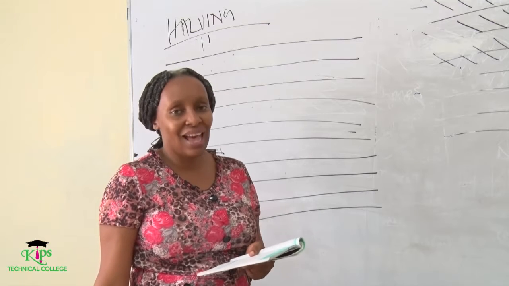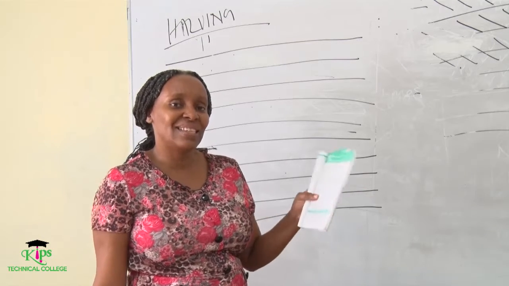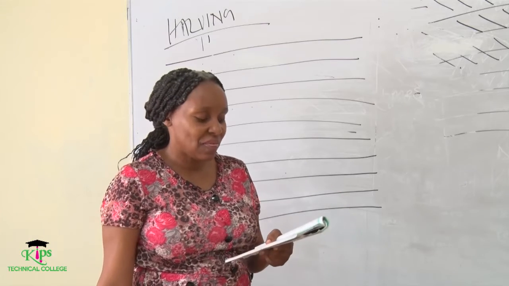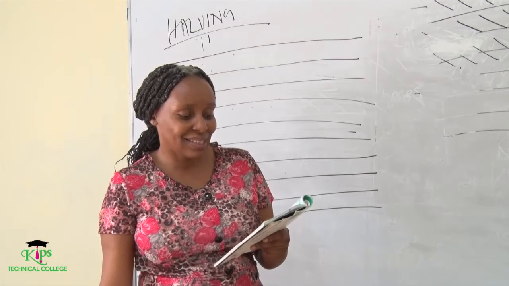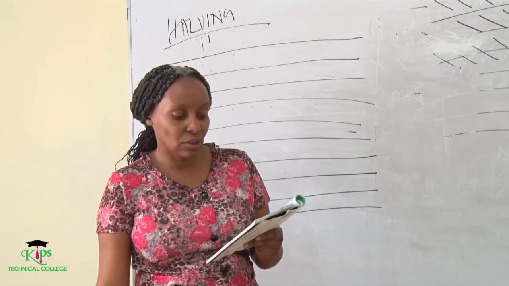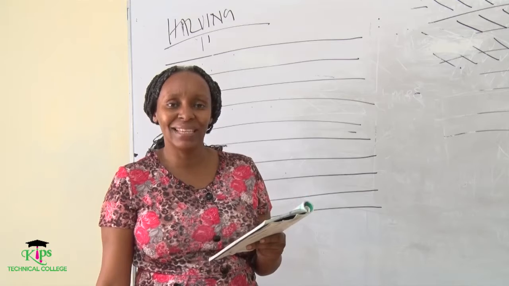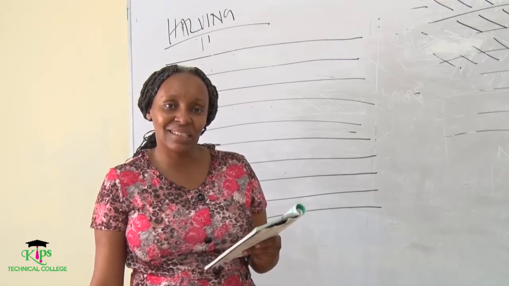So you don't just halve, you must halve if there is a sound of a T or D in that word. For example, tight.